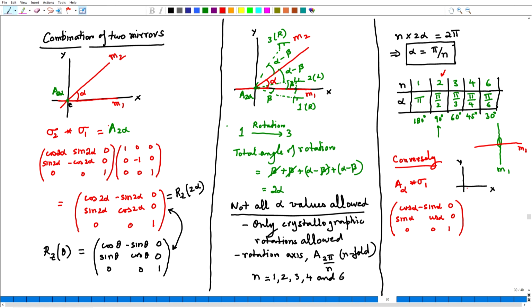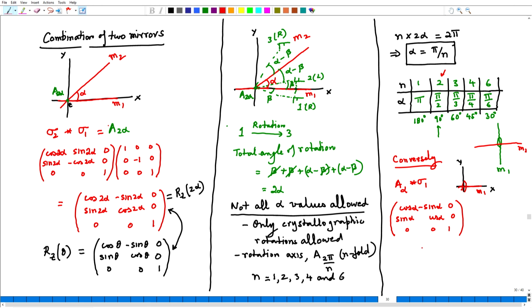So, let me also show this, that I am putting the mirror M1 here, and I am putting a two-fold rotational symmetry as shown in the figure. Now, one could easily work this out through matrices, that the angle for the mirror that I will get would be alpha upon 2.